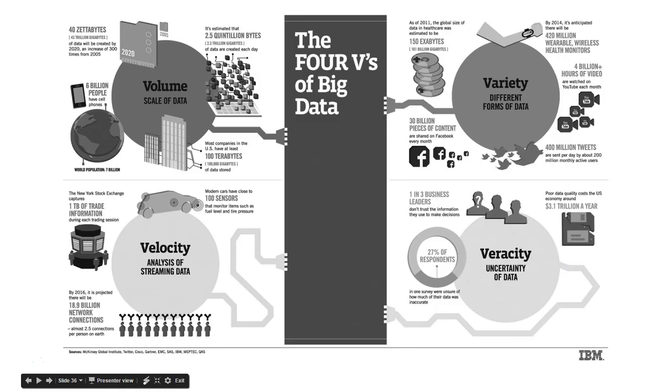So, as Kitchen spoke here about big data particularly, we have what we would call the 4 V's of big data. Let's go over those real quickly. So we have volume, which is the scale of the data. There's just so much data that's being produced at this point in time. And then we have variety of data.